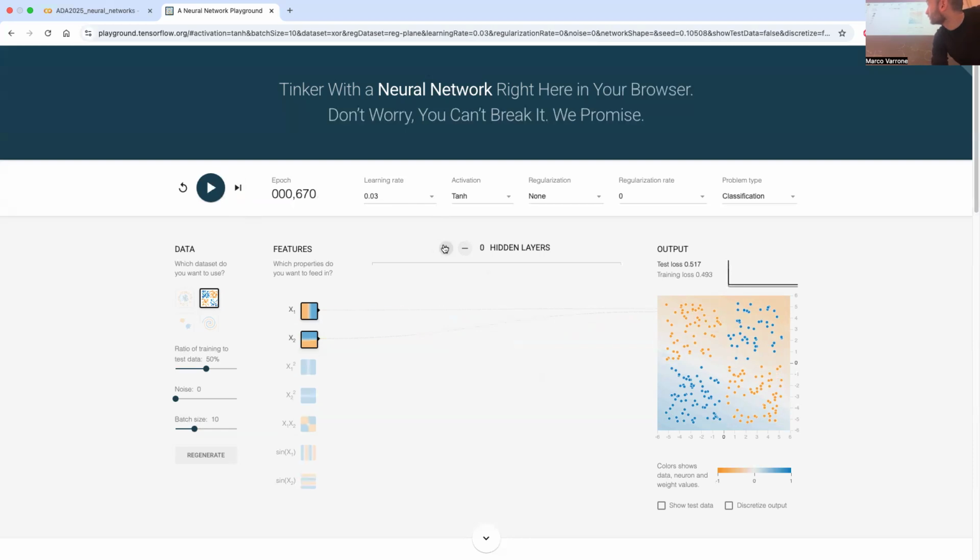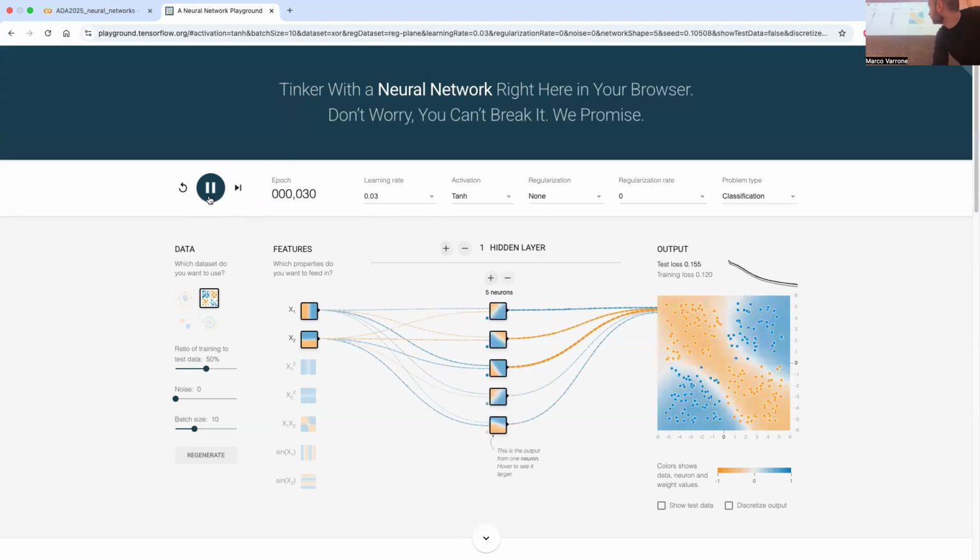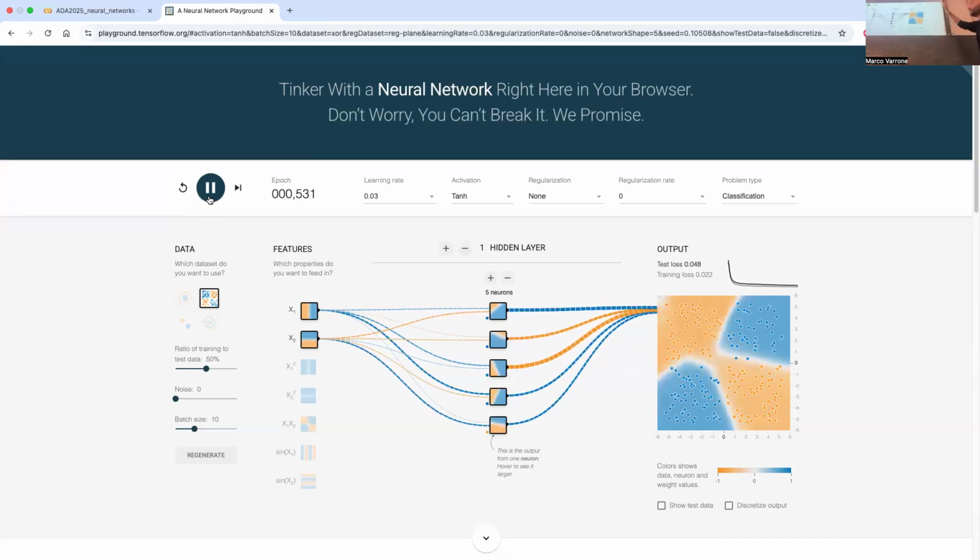Then if you add a hidden layer, add some neurons, you see that the model starts to predict the labels. Of course, it's not going to be perfect, but the more you add complexity to the neural network, the more it's going to draw complex functions and complex boundaries. If you want to play with it, the link is on the slides.